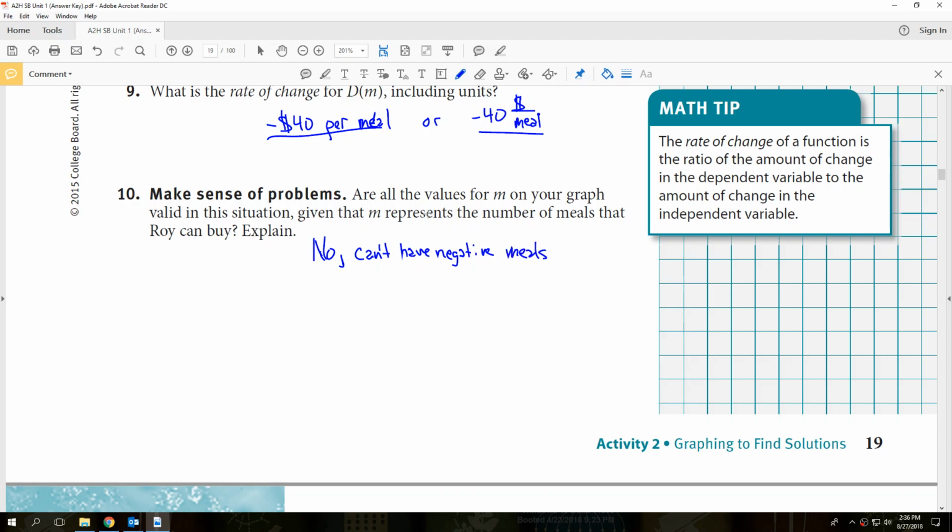And let's see, what else? We also can't have fractions of meals.